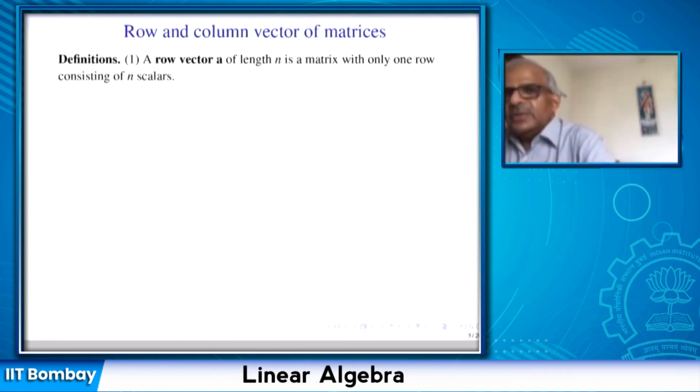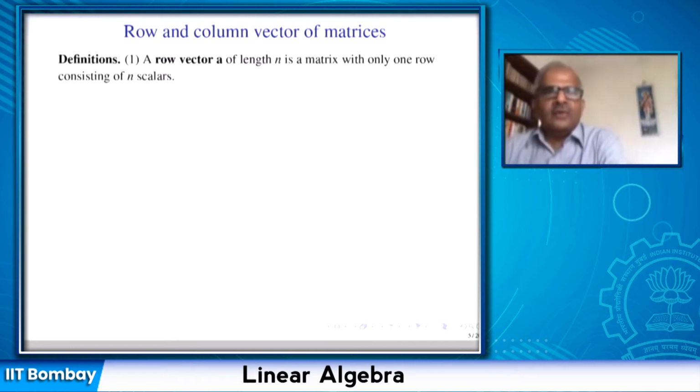Okay. Now we introduce the row and column vectors of a matrix. A row vector of length n is a matrix with only one row consisting of n scalars. So we are now specializing: the vectors with which we are familiar are a special case of a matrix. A matrix with just one row and any number of columns is called a row vector.